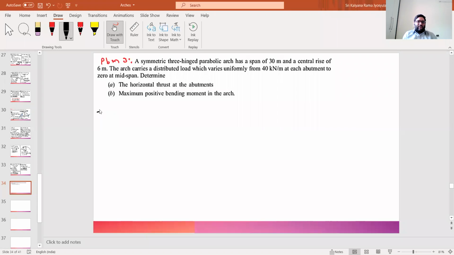So first let us try to sketch the figure, a three-hinged parabolic symmetric arch. Okay. So now we have the central rise, and first of all, what is the span?